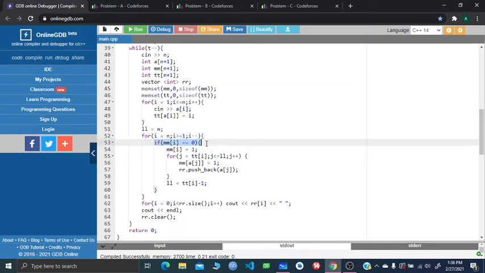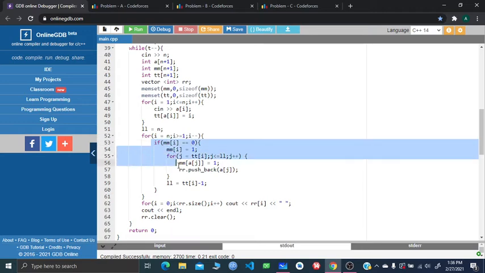This map value is actually checking whether this value has already been taken or not. If it's not taken, then obviously I can make this a group leader and make my operation successful, making an efficient group from that, the one that I told you before.